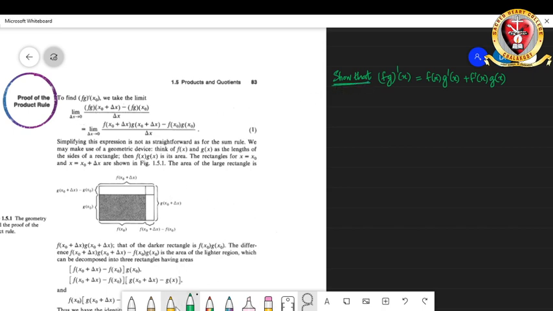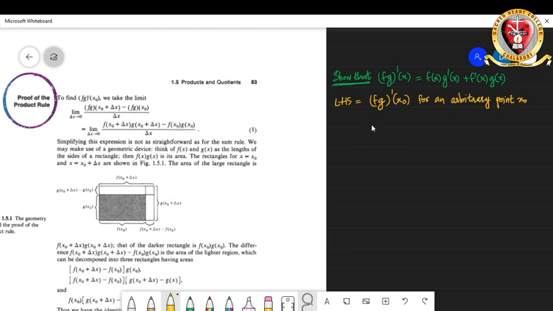So for that we are taking the LHS. Again, we are rigorously showing mathematically, not just by an example. We are showing it in general how this is valid. So we are taking the LHS. LHS is equal to fg dash of x naught. Say we are taking an arbitrary point x naught.